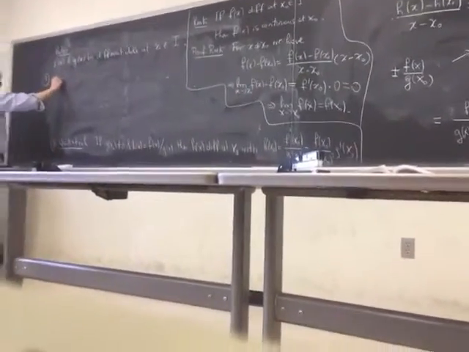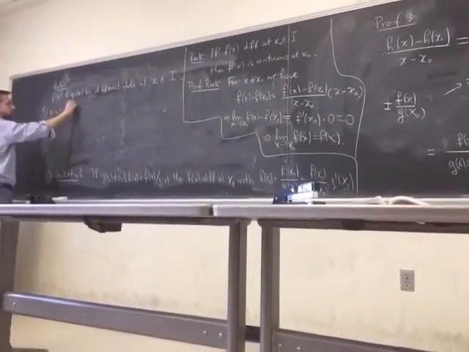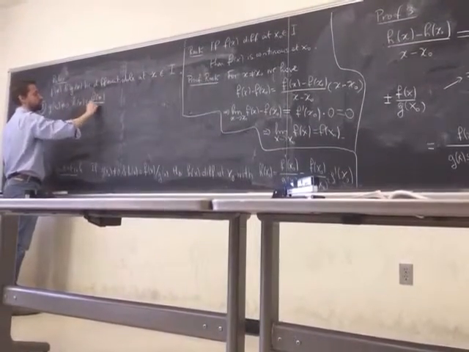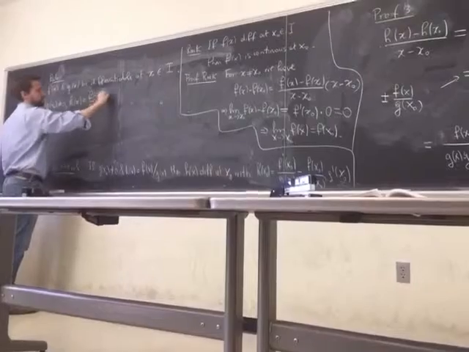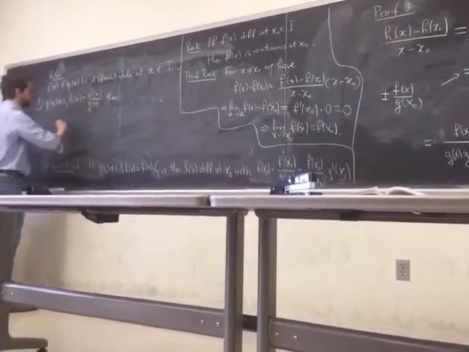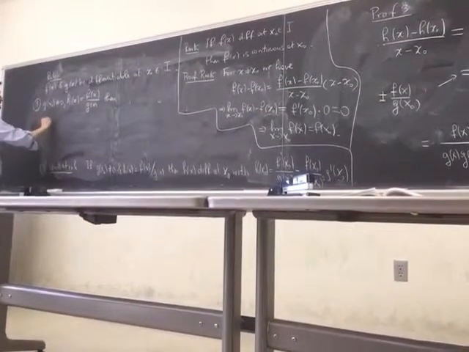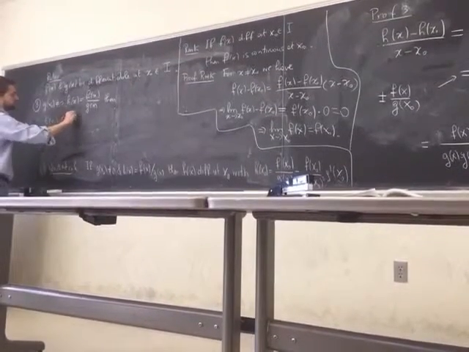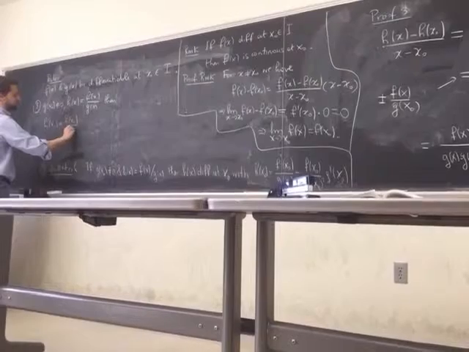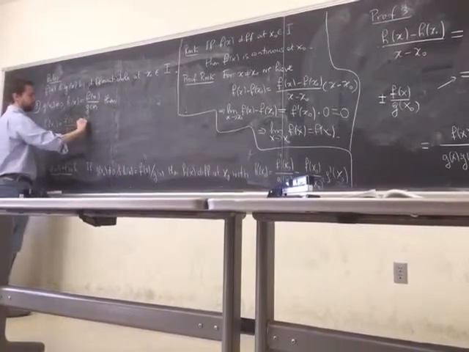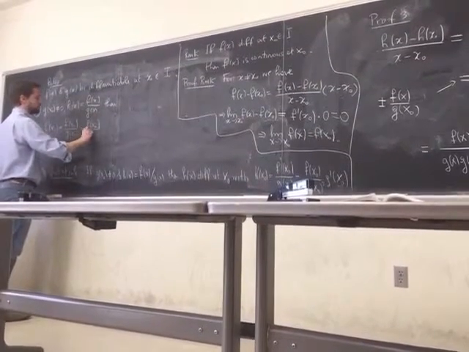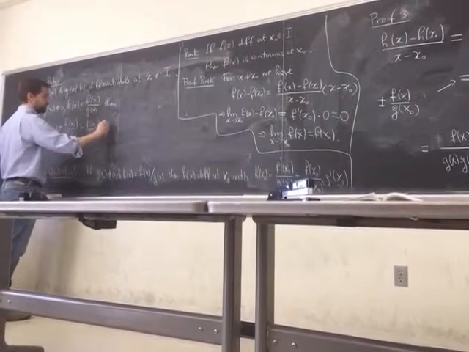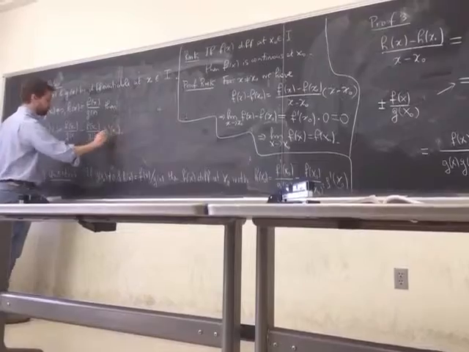If g of x naught is different from 0, and h of x is defined as f of x over g of x, then what we want to show is that h prime of x naught exists, and it's equal to f prime of x naught over g of x naught minus f of x naught over g of x naught squared times g prime of x naught. That's what we want to show.